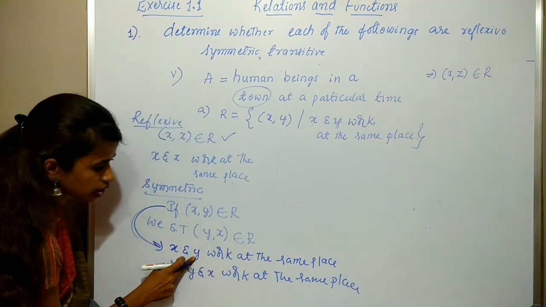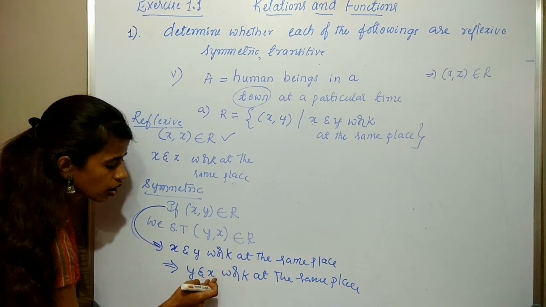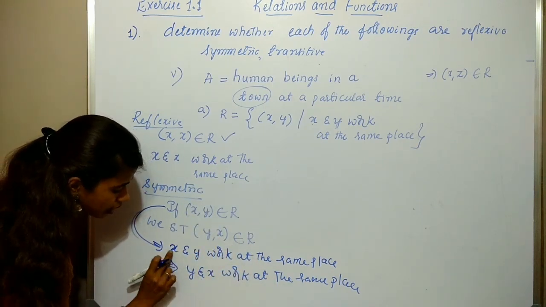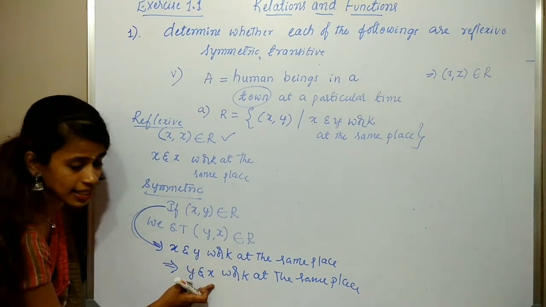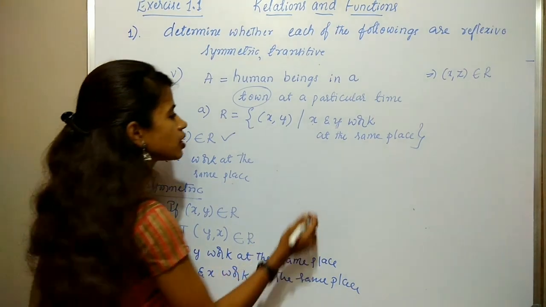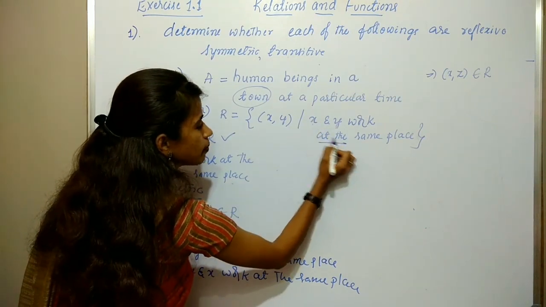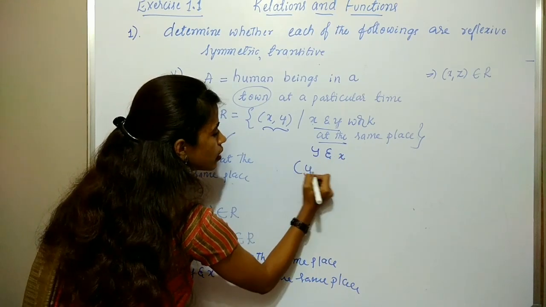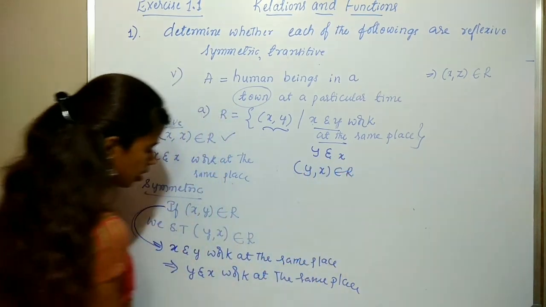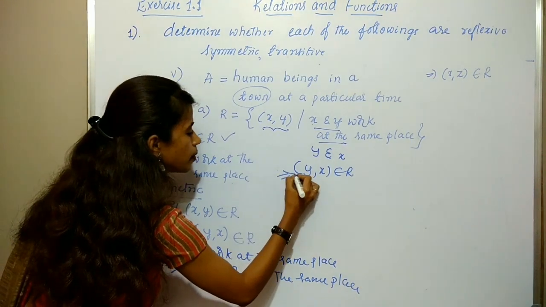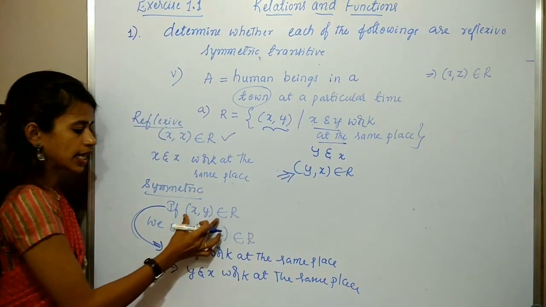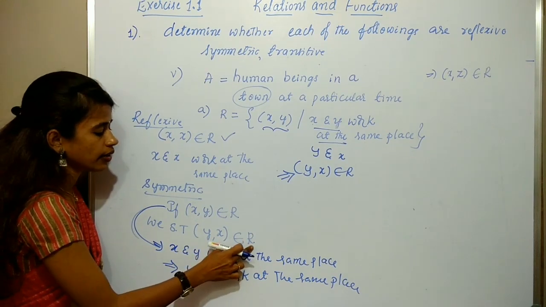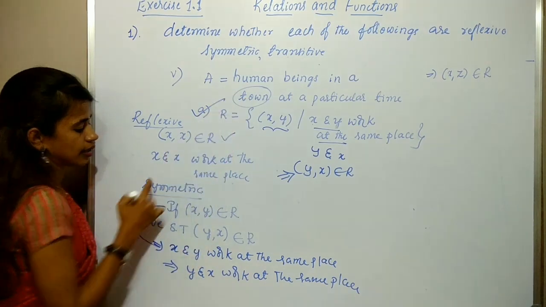If Kaushik and Karthik work at the same place, then Karthik and Kaushik also work at the same place. Meaning is same, but the order is different. Here I am taking y first, next x. If y and x work at the same place, then y comma x belongs to R. So x comma y belongs to R implies y comma x belongs to R. Therefore, the given relation R is symmetric.